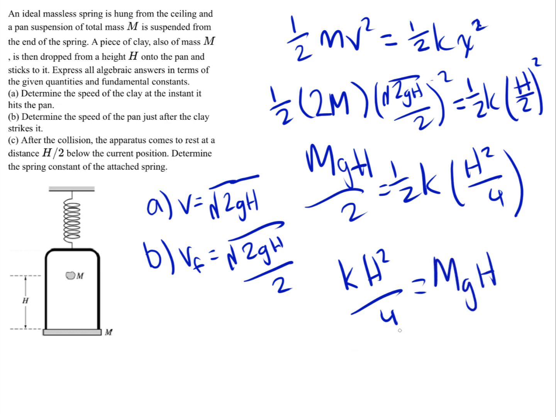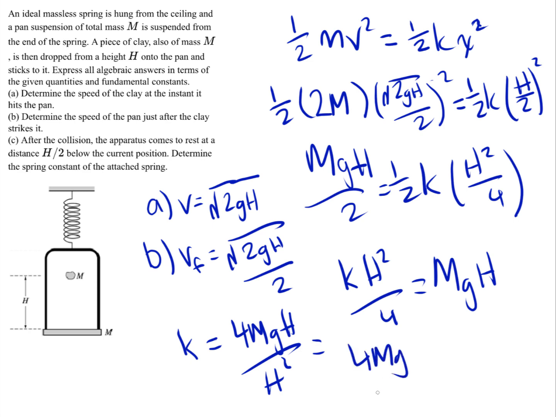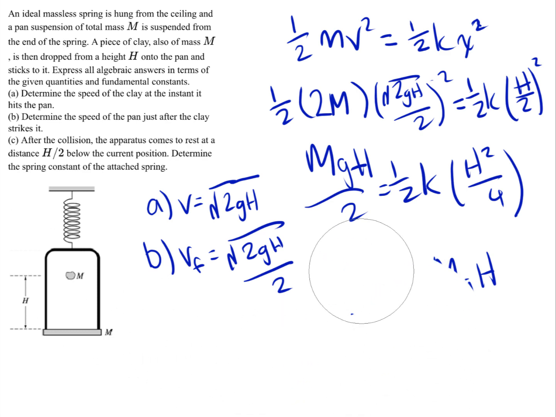Now we multiply by 4 and divide by h squared. So the spring constant is equal to 4mgh divided by h squared, which is equal to 4mg divided by h. So that's the spring constant that we just calculated.